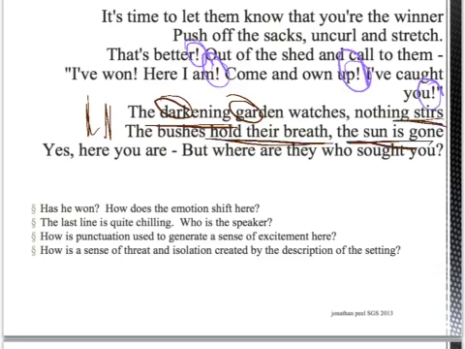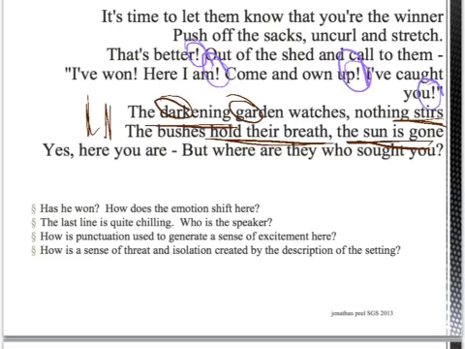Everything has changed, because time has passed. What's the effect of that? What's the effect of this sudden contrast to the sheer excitement the boy is feeling as he looks round the garden where everything has changed?